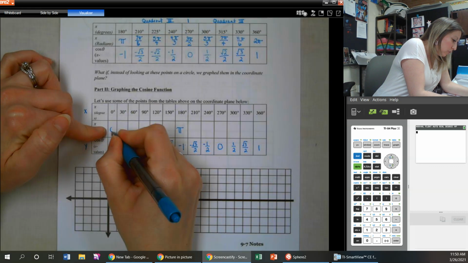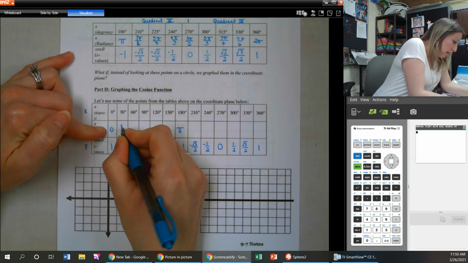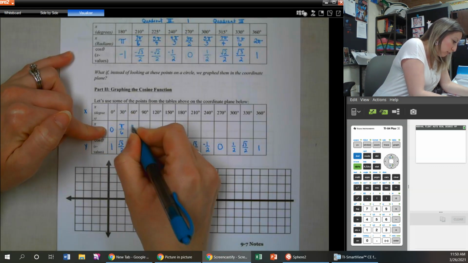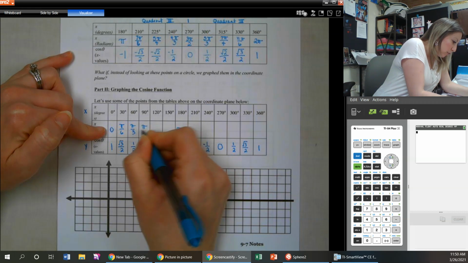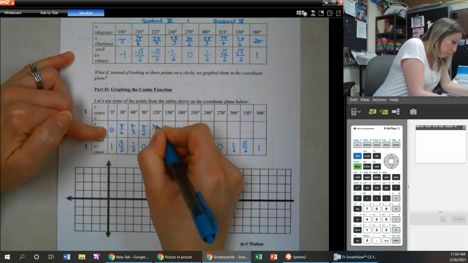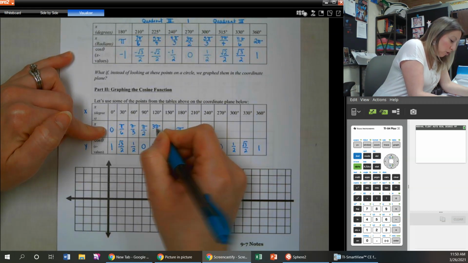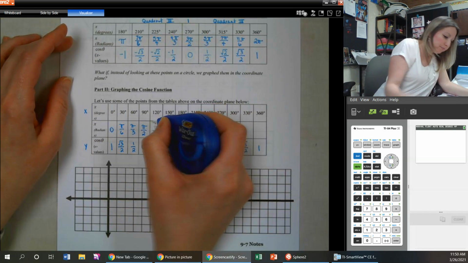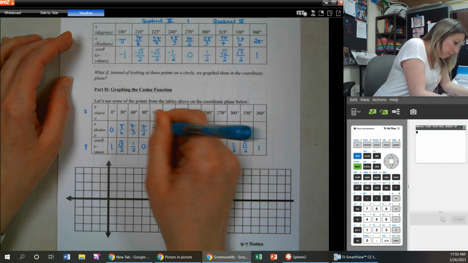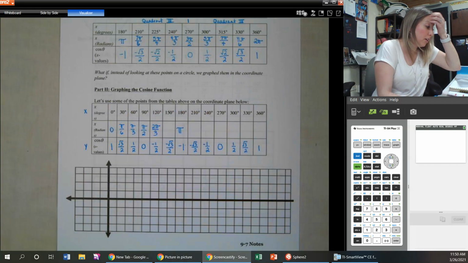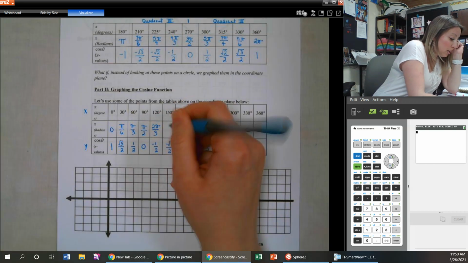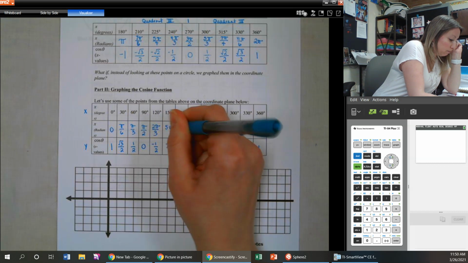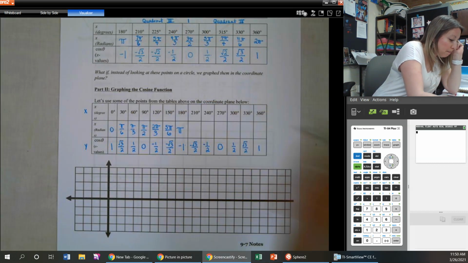So again, this is 0 radians, this is pi over 6 radians, pi over 3 radians, pi over 2 radians, I'm wrong, 2 pi over 3. Knew I wanted my 3. It just needs to be the denominator. This would be 5 pi over 6, all the way up to pi.